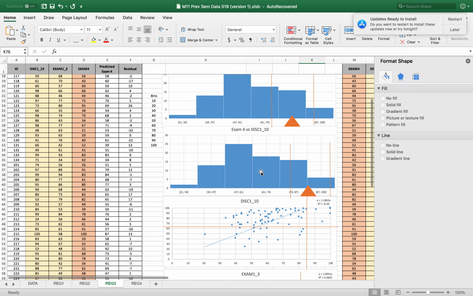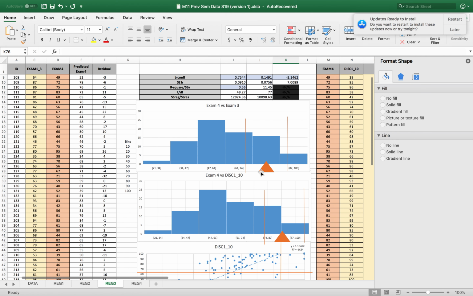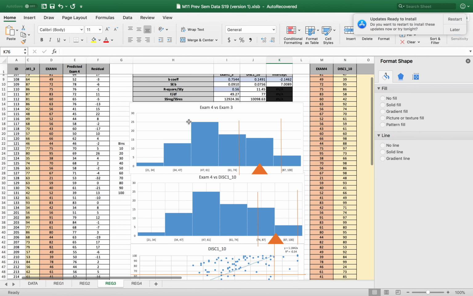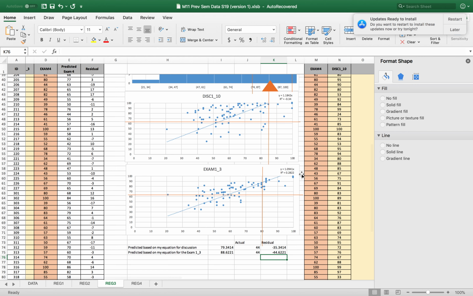I think the model that would be best for predicting would be using the exam, just because we had a higher correlation coefficient, meaning exam 4 and exam 3 have more of a connection than the discussions did. So if I were to use an equation, I would use this one, y equaling 1.0941x. Let me see what else I'm missing.